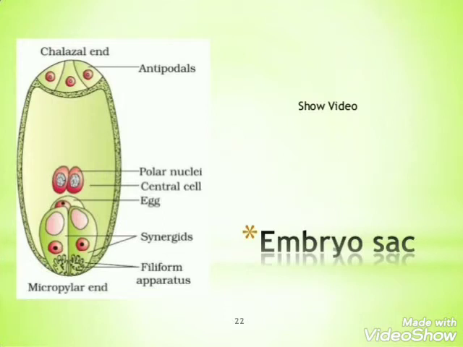The 3 nuclei at the chalazal end are surrounded by cytoplasm and a cell wall. These are called antipodal cells. This type of female gametophyte formation is known as the normal 8-nucleate type because 8 nuclei contribute to the formation of the gametophyte. It is very common among angiosperms.